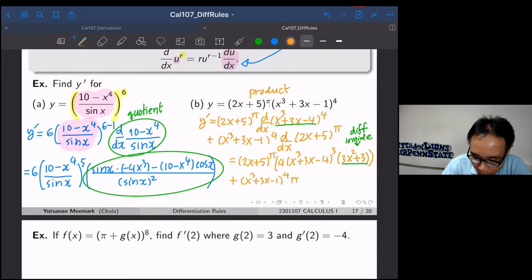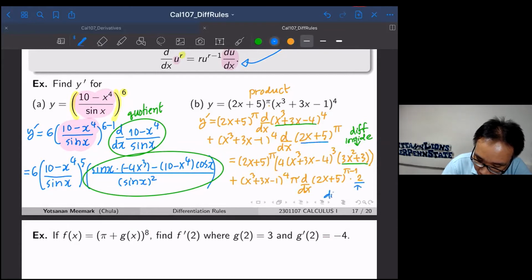So you have pi come down, (2x plus 5) to the pi minus 1, and you differentiate the inside, so you get 2. This is how we have the derivative by using the chain rule combined with the product rule.